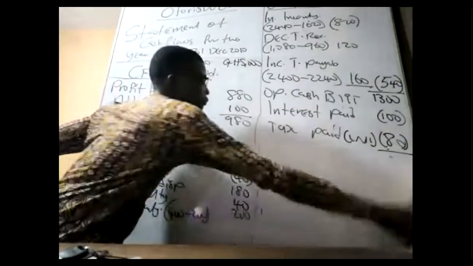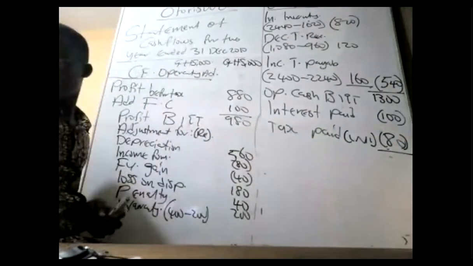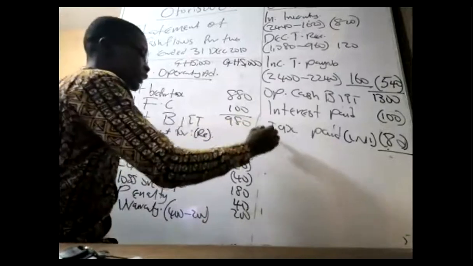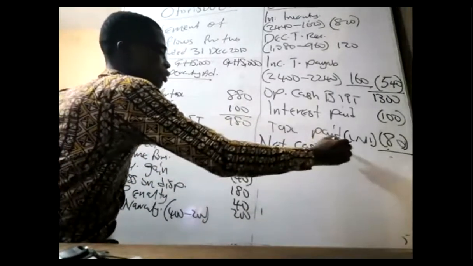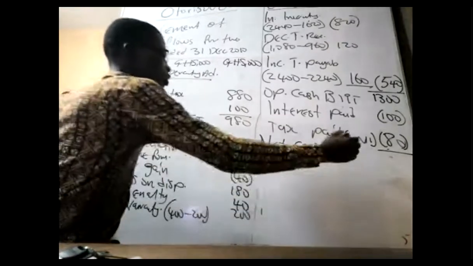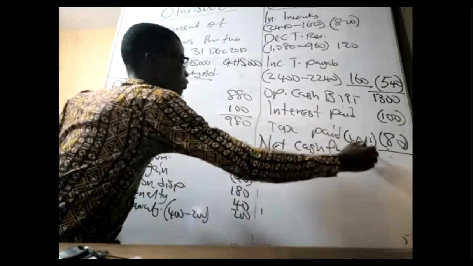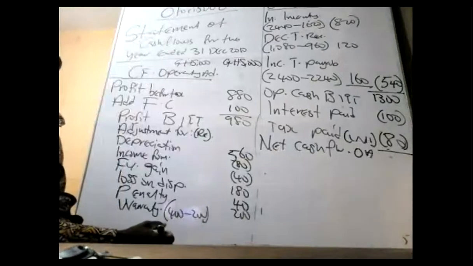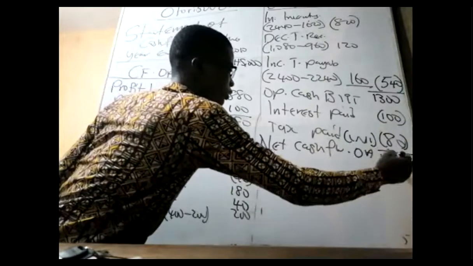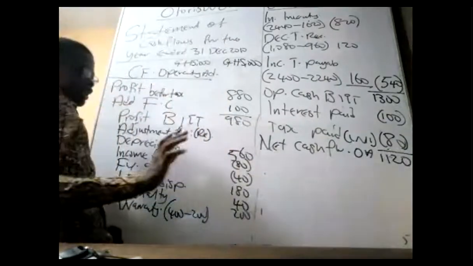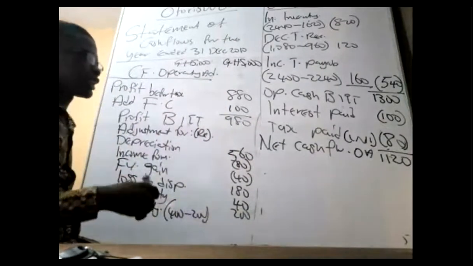Operating activity. Let's quickly be wrapping up. Net cash flow from operating activities is 1,120. Okay, then relax. Come to the next stage.